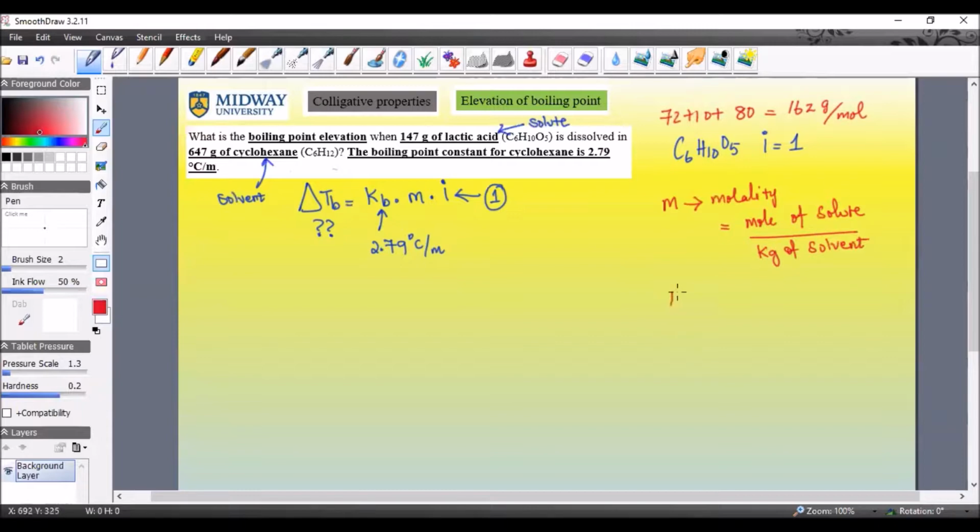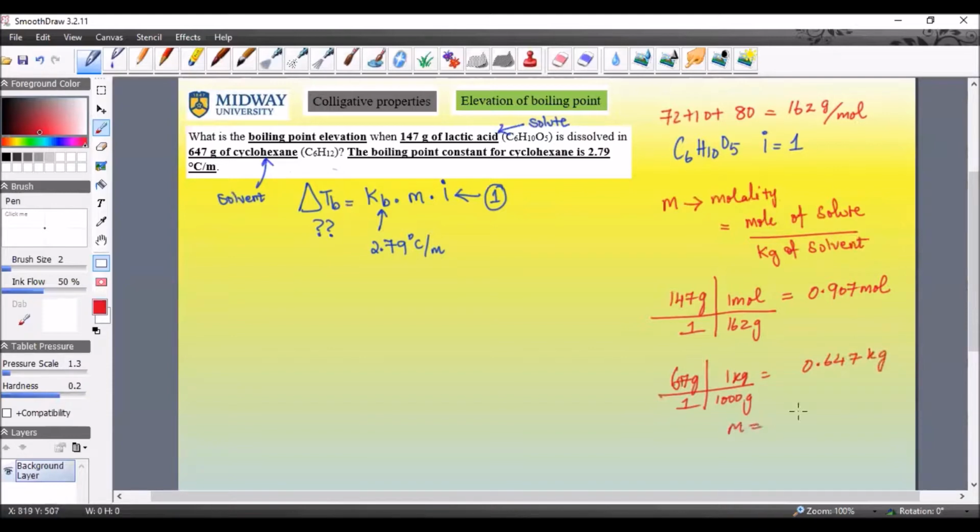So to find moles of solute, it's 147 grams times 1 mole over 162 grams, so 147 divided by 162 is 0.907 moles. And we know the mass of the solvent, which is 647 grams, but we want it in kilograms. 647 grams over 1,000 grams in a kilogram is 0.647 kilograms.